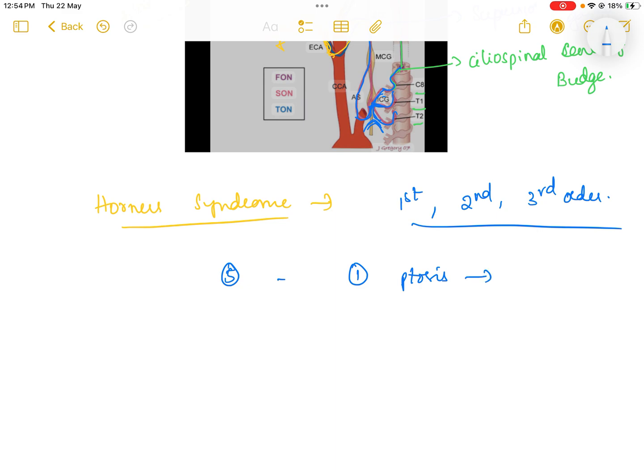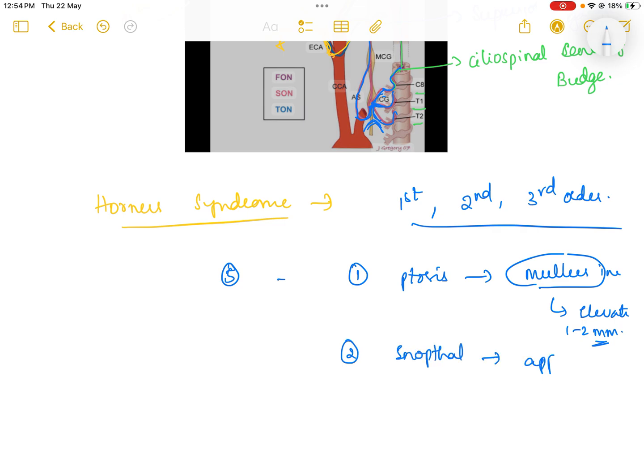This is secondary to Muller's muscle involvement. Muller's muscle is helpful in elevation of eyelid, like 1 to 2 mm elevation of eyelid. So, lack of innervation to the Muller's muscle causes ptosis. Enophthalmos, it is apparent enophthalmos. It is secondary to ptosis, and also elevation of lower eyelid.